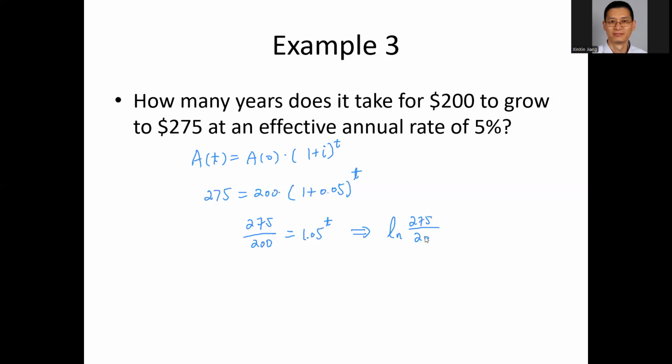So ln of 275 over 200 equals t times ln of 1.05. So t equals ln of 275 over 200 divided by ln of 1.05.